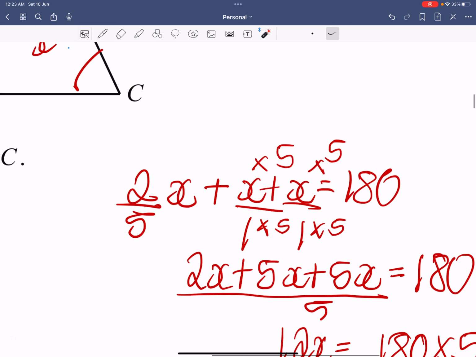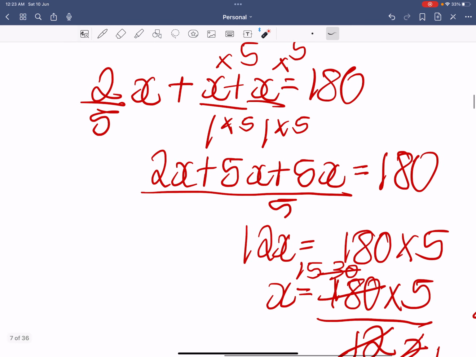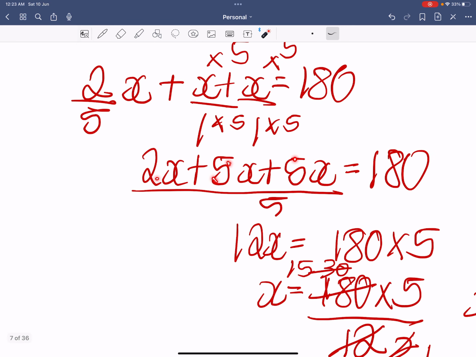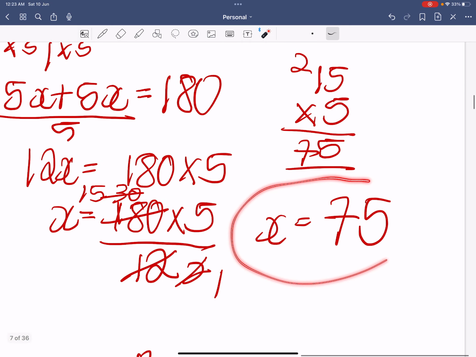Same as I've told you before, we'll first make the denominators the same, which is 1 times 5 upon 5. So this will be 2x plus 5x upon 5 equals 180. So 5 plus 2 is 7, 7 plus 5 is 12, which is 12x equals 180 times 5. 12x will be 180 times 5 upon 12. X will be 75 degrees.